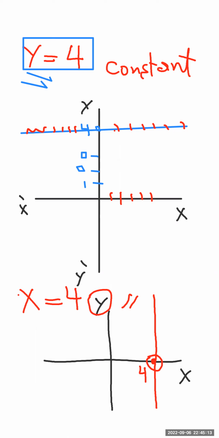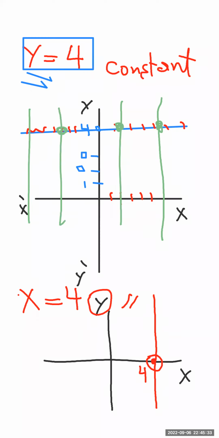Now my question: look at the board, on the first one, y equal 4. If I want to test whether this one is a function or not, simply a vertical line, 1 point, always 1 point at the intersection. So it's a function.